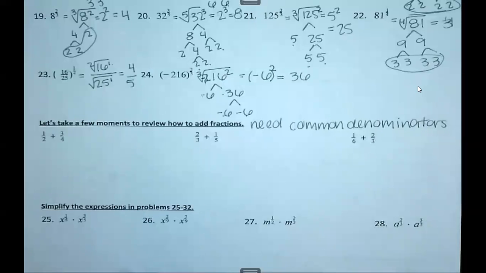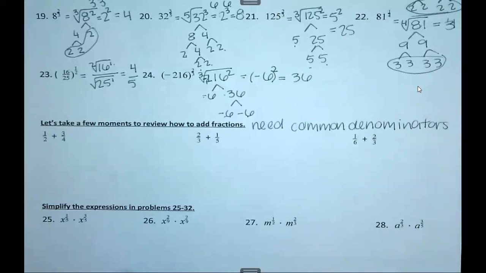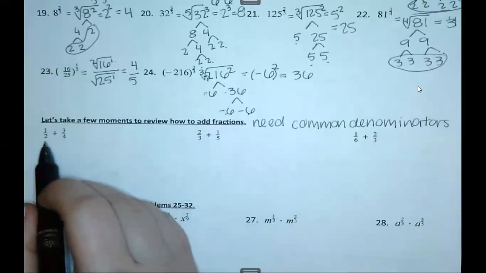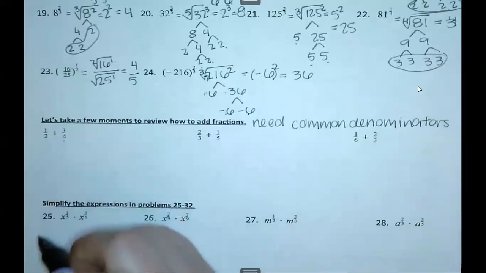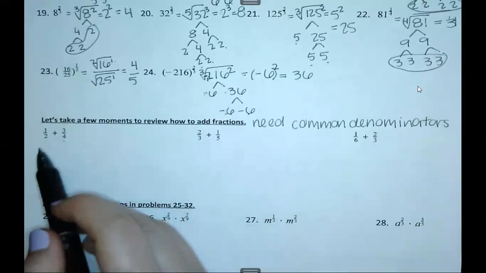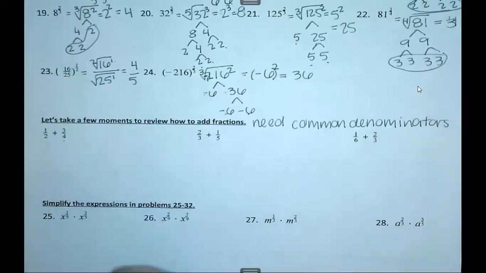All right, so common denominators just means that the bottom of our fractions have to have the same numbers. So here, one has a 2, one has a 4. Those are not the same. It's always easier to make the smaller one match the bigger one.